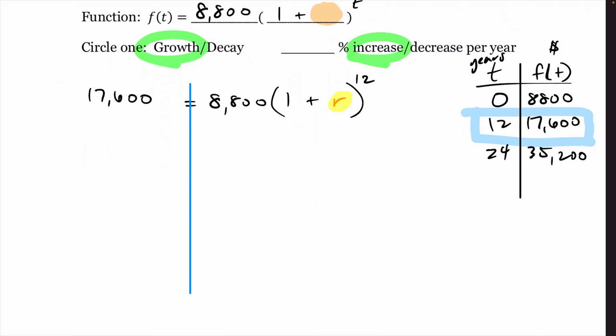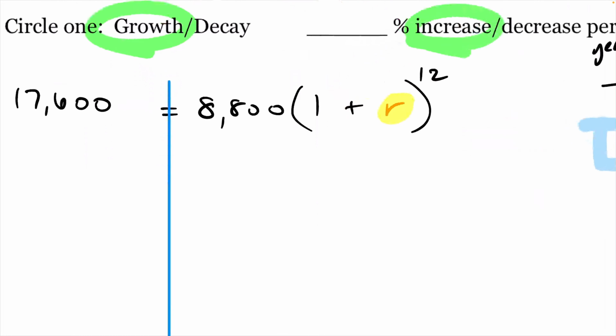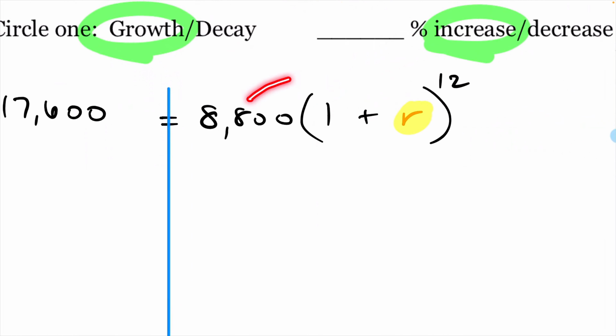So here's my first question. I have parentheses, and I have 8,800 right next to the parentheses. Is it okay if I distribute like I've done 1,000 times before? Is it okay if I multiply these guys by 8,800? The answer is no, I can't do that. Even though I've done it 1,000,000 times, there's one difference. Why can't I do it here versus all of the other times?